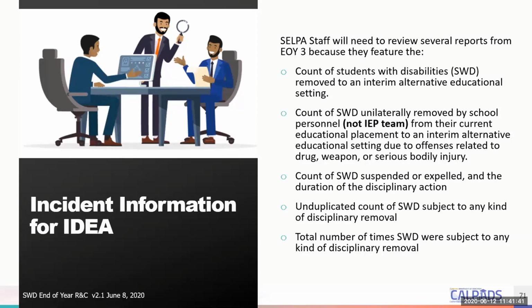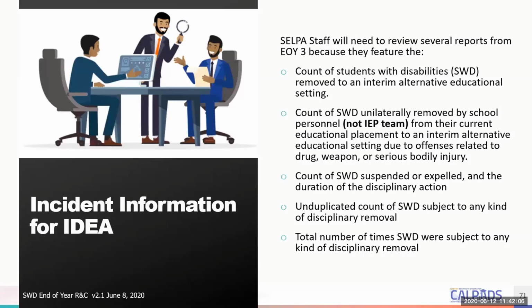The reason why we've included it today is that there are several reports from end of year 3 that are relevant to students with disabilities. And those reports will provide us with the counts of students with disabilities that have been removed to an interim alternative educational setting, the counts of students with disabilities that have been unilaterally removed by school. This is not the IEP team.